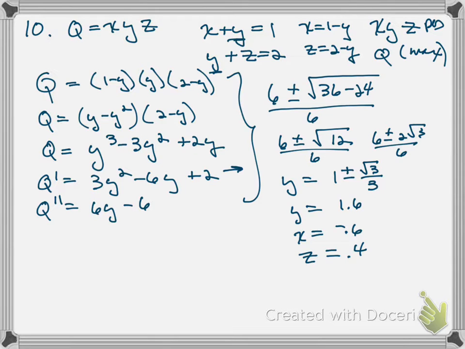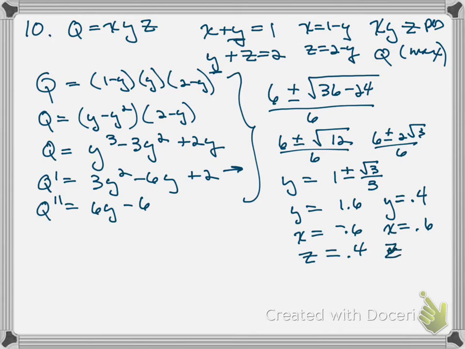That gives me about 0.4. If y is 0.4, that's going to be better, because that then tells me that x has to be 1 minus 0.4, which is 0.6, which is still positive.